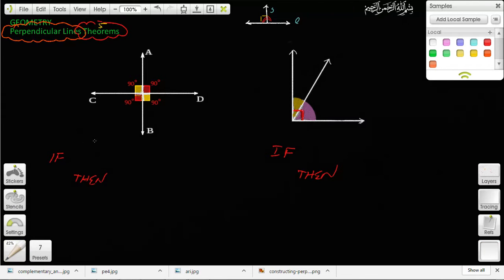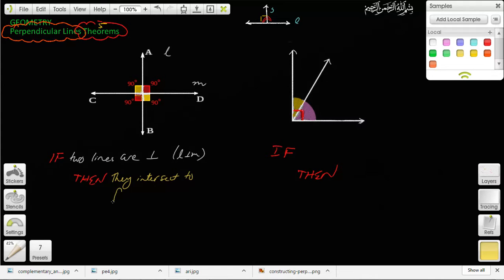So the first theorem says: if 2 lines are perpendicular, we can call them L and M again, such as L is perpendicular to M, for example, then they intersect to form 4 right angles.